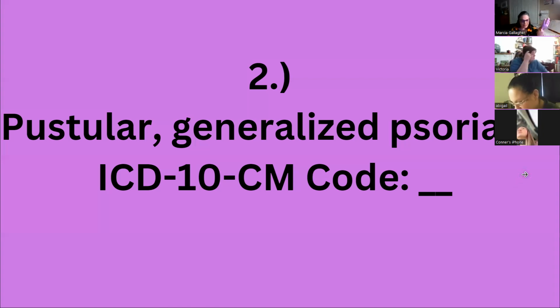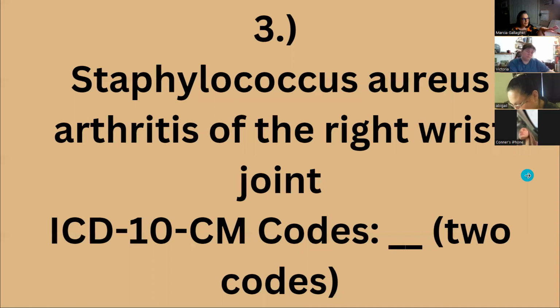The next one is going to be a little bit more complicated, but I don't want you guys to stress over it. So Staphylococcus aureus, arthritis of the right wrist joint. Who would have thought that Staphylococcus and arthritis go together? Having the two in one scenario is a little odd.